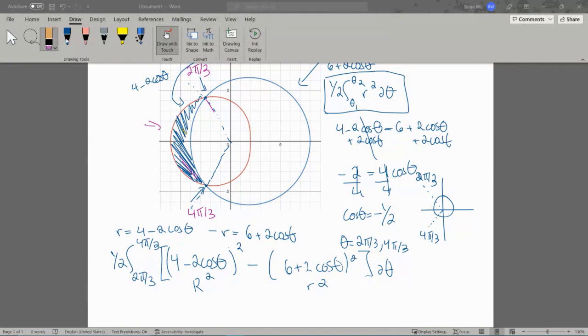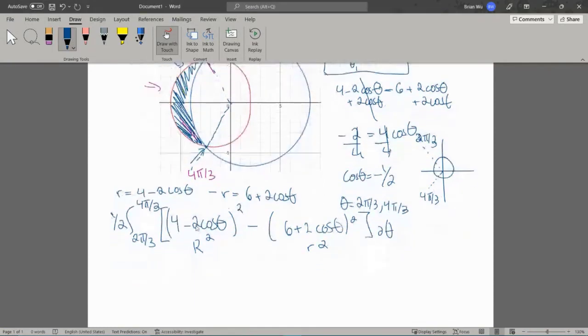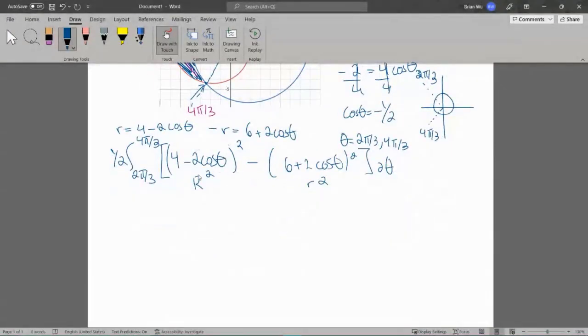Okay, so once we set this up, essentially all we need to do is integrate, right? So I don't know if you guys want to continue with this integral, but I'll go ahead and do it a little bit fast, and stop me if you guys have any questions. But essentially you're having this separate integral and this separate integral.